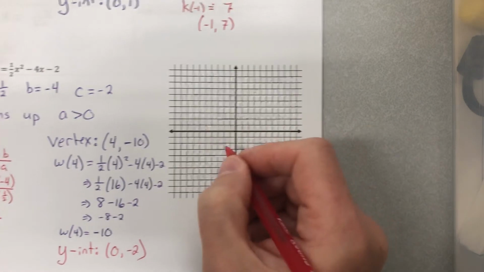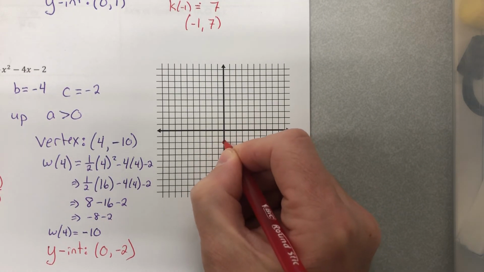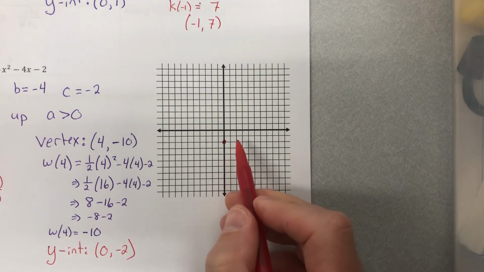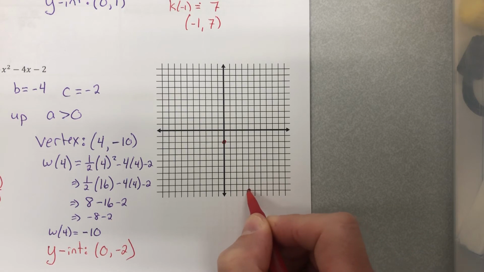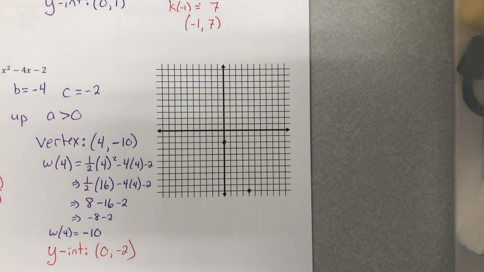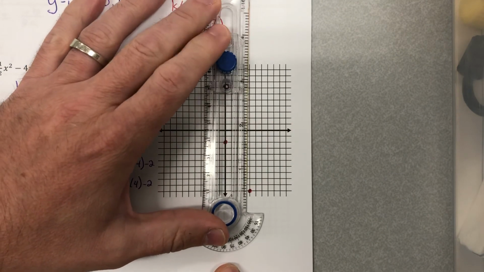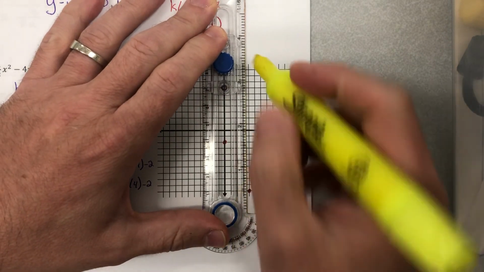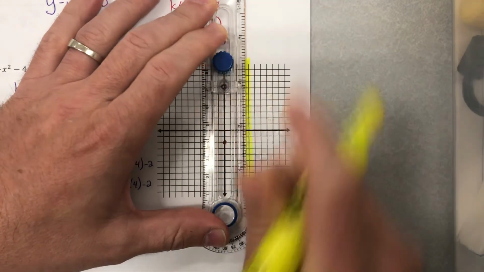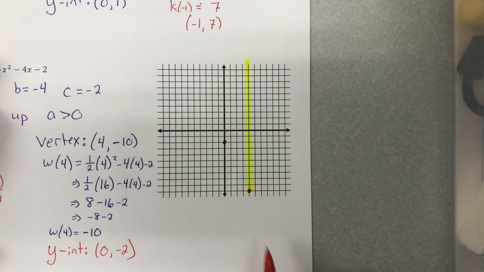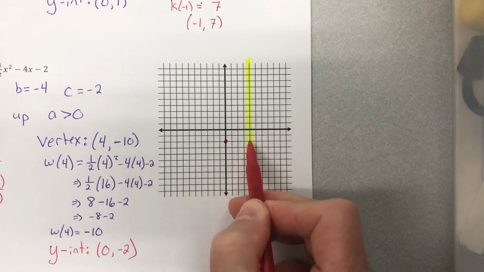So when I go to plot these, I'm going to plot my y-intercept, which is 0, -2, and my vertex, which is 4, -10. And remember, we know that this vertical line, or our axis of symmetry, is going to make our parabola symmetrical. So when you look at it, our y-intercept is 1, 2, 3, 4 to the left.